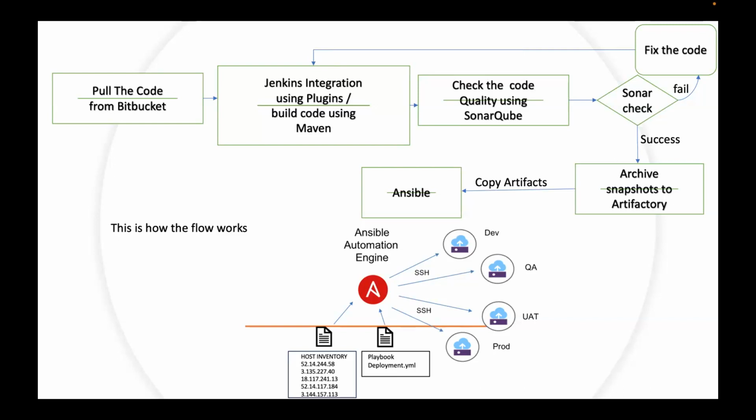Sure. So can you throw a little bit more light on the Ansible part? I see a lot of stuff. So what exactly is going on here? Like you mentioned, we were required to provide 5 infrastructures: Dev, QA, UAT, and Prod A and B. Even though I didn't put Prod B, the Prod refers to Prod A and B. To be able to use Ansible, we have to create a host inventory and also use our playbook.